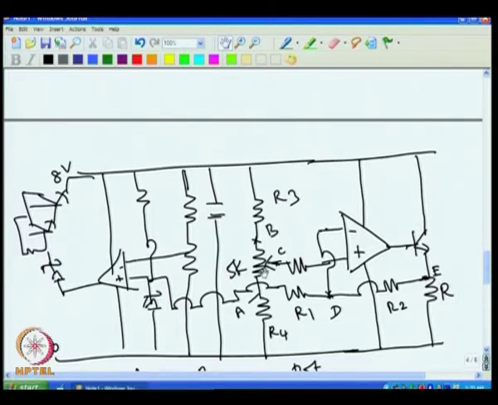So, we can keep a 2 volt change across this, because if I keep too much change, for example, if I take a 4 volt change, if I drop 4 volt across this, then here the change will be 4 volt, and here it will change 4 volt, then you need a change of 8 volt at this point.